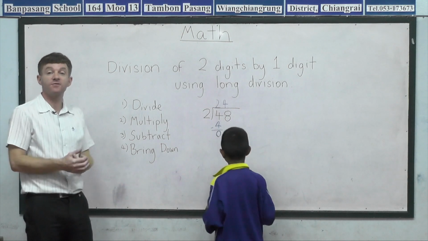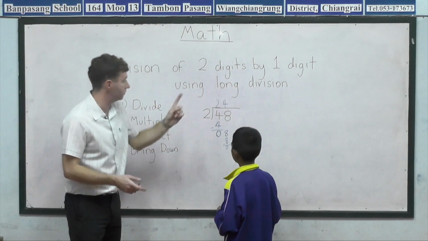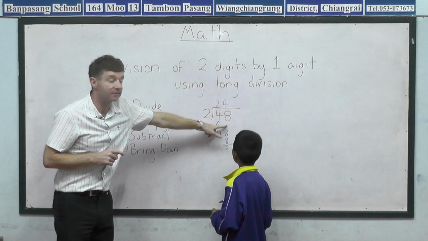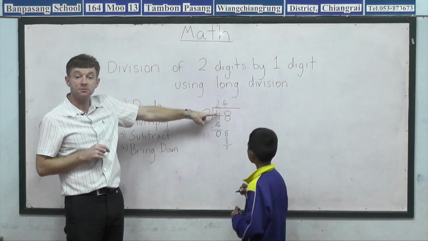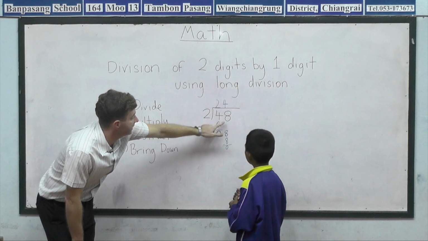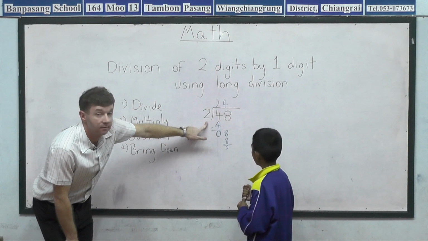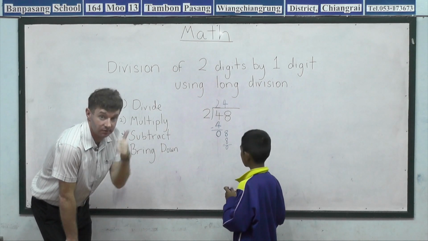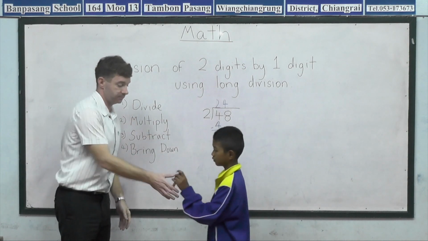So we know when we get to 0, we're at the end of our equation. No more numbers to bring down, so we have our answer. 48 divided by 2 equals 24. Can you say, Pat? 48 divided by 2 equals 24. Excellent. High five. Round of applause for Pat.